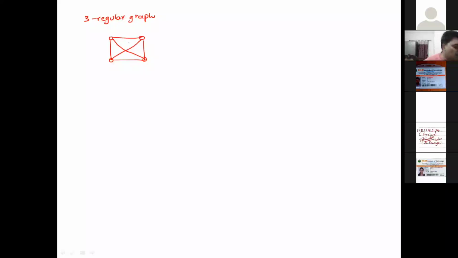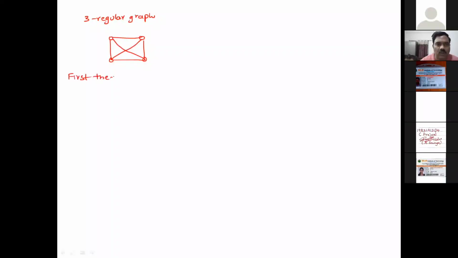Okay. Now there is one important theorem. We'll see that first. This theorem is called the first theorem of graph theory.